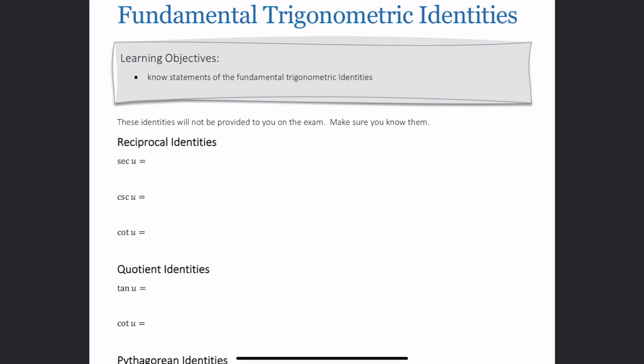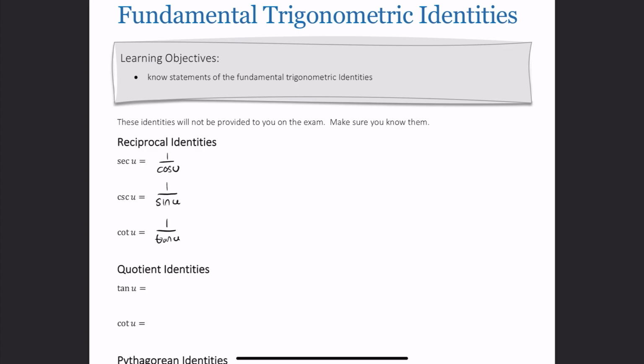So secant u can be rewritten as 1 over cosine u. Cosecant u can be rewritten as 1 over sine u. And cotangent u can be rewritten as 1 over tangent u. As you can see, it's the same basic identities, just rewritten in a different form.